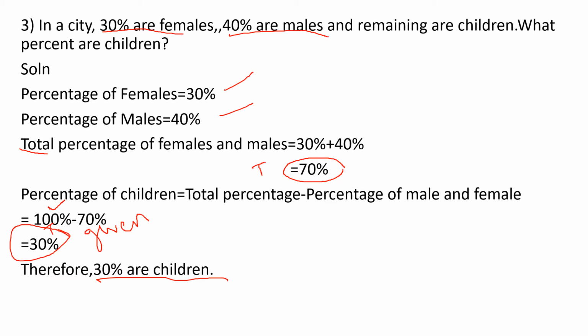So you'll be thinking, from where are you getting this 100? Percentage means 100. They have given the population in percentage, 30 percentage female. They did not give an exact number. Have they given an exact number in the question? No, they have mentioned only the percentage. So you know the total was 100 percentage.